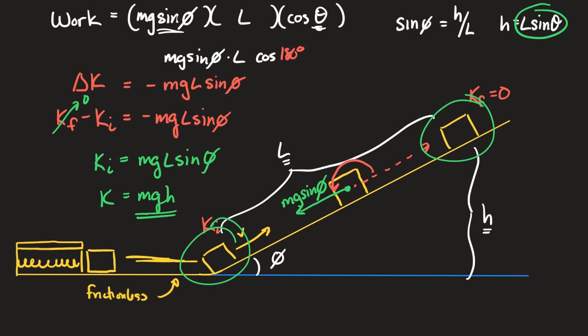So whether we talk about the work done along the ramp or just how high the box makes it, we're talking about the same amount of energy. Now, for you smarty smarts, it's a simple machine. That's what simple machines do. They exchange force for distance for the same amount of energy. We talked about that a month and a half ago. So whether we go up the ramp or jump straight up to h, it's the same amount of energy.